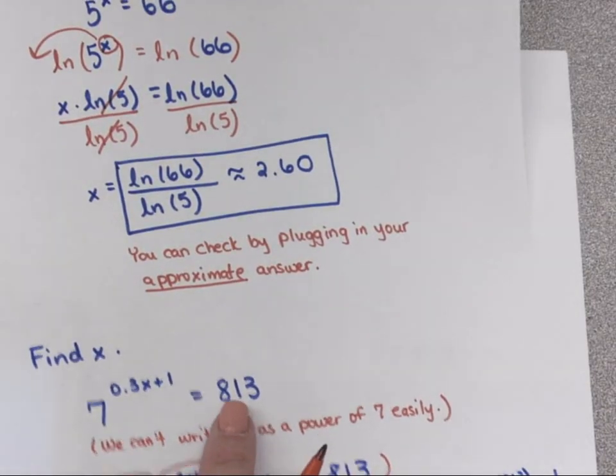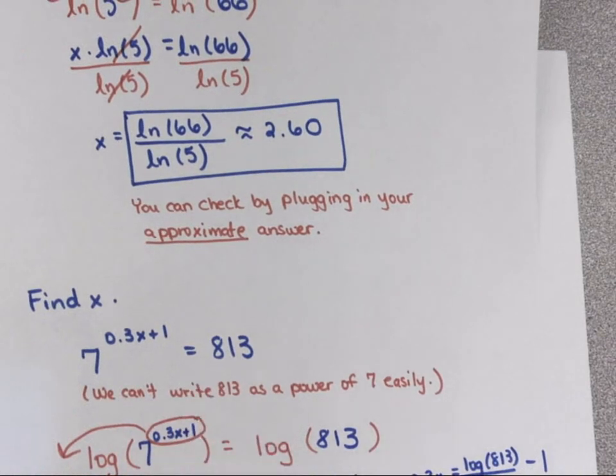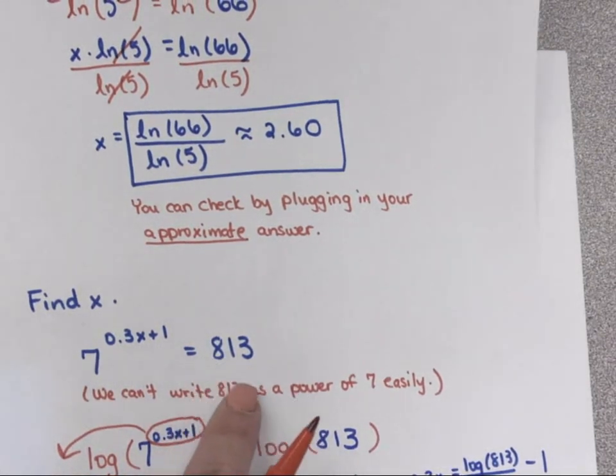Notice if I'm 10% off or 5% off on a number like 8, it's not that big, right? But what if I'm 10 or 5% off on a number like 813? It means more, right? So just know that when you're checking your answers, if the numbers are quite large, your answers might be a little more off than they would be if the numbers were smaller, okay? But it should still be in the ballpark of what you expected, okay? Just not exact because we're rounding answers.